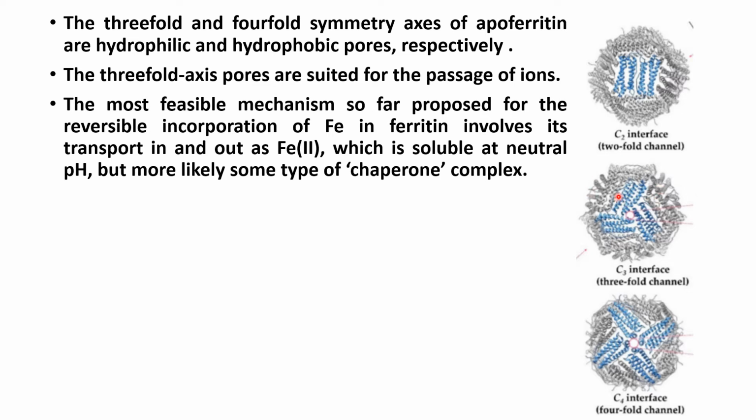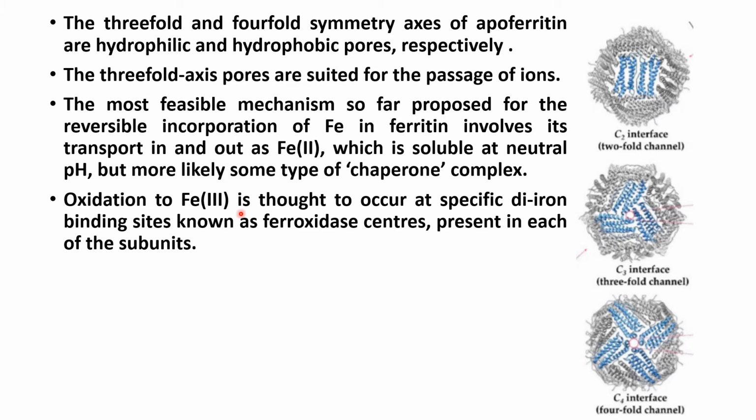The threefold channel can transport the iron as iron 2 in ferritin, which is soluble at neutral pH, but more likely some type of chaperone complex. Okay, that can be complexed with some proteins. If it is a protein, it can definitely pass through the fourfold channel, but if it is an iron, it will pass through the threefold channel. Okay.